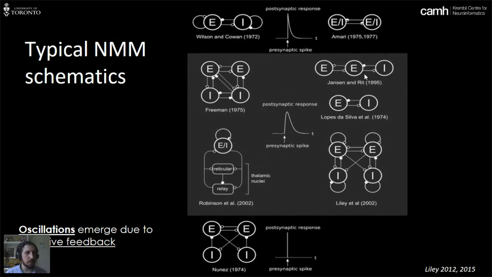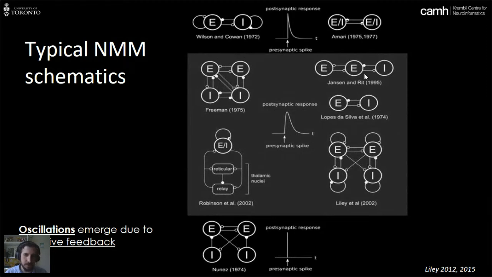So typical neural mass models consist of a few of those neural populations that have those input and output functions. The most common flavor of that is some combination of excitatory and inhibitory populations.